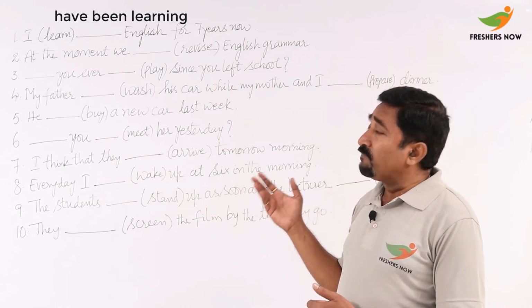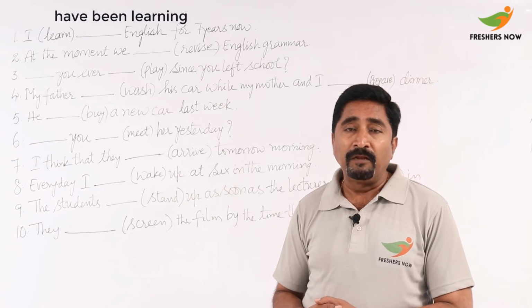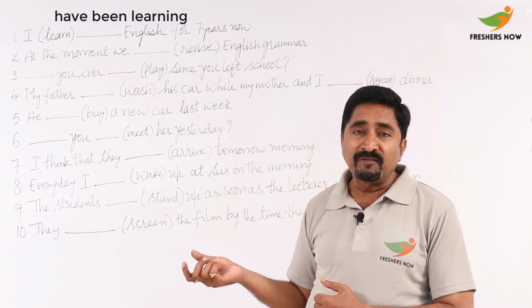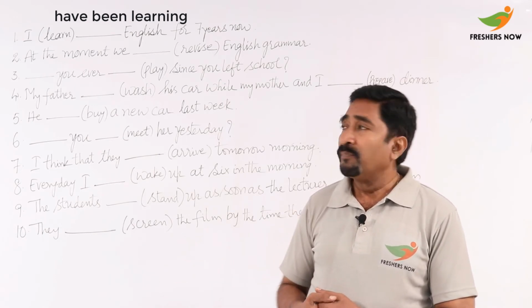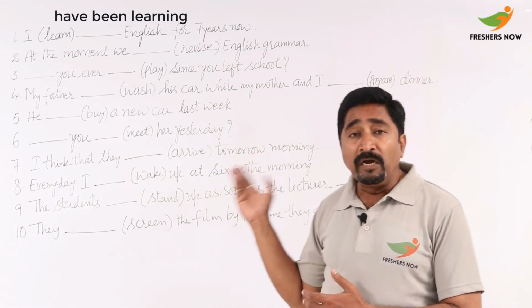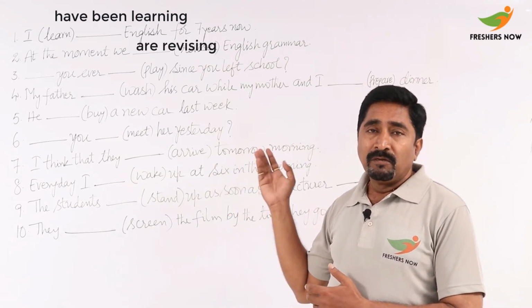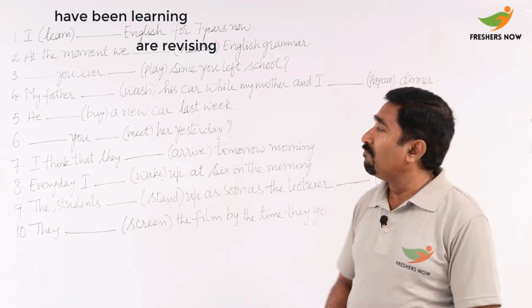The next one, at the moment, and the signal word is very clear at the beginning of the sentence, that's present progressive tense. So we say that at the moment we are revising English grammar, or we are revising the tenses.